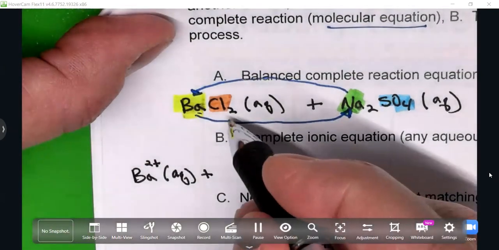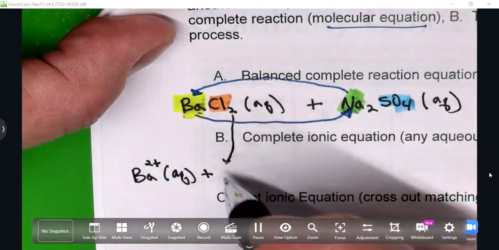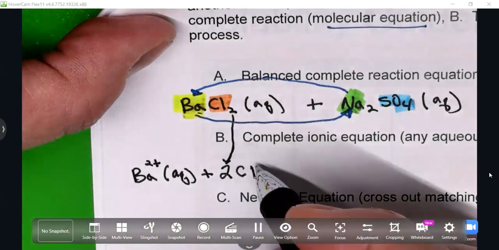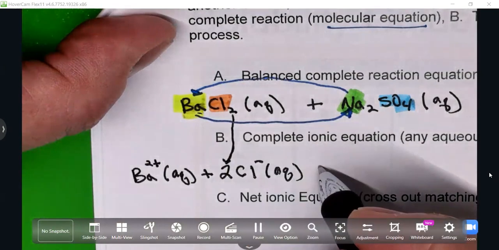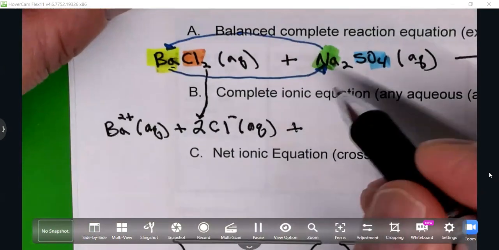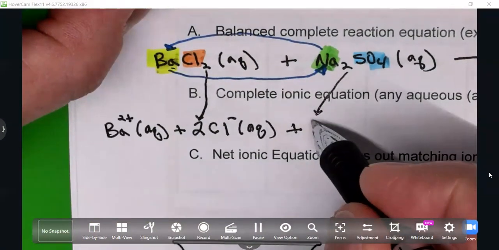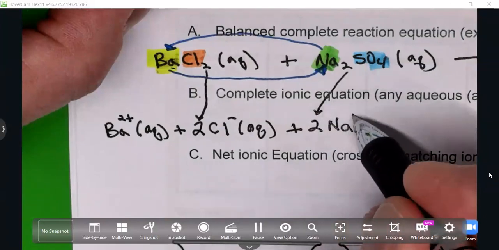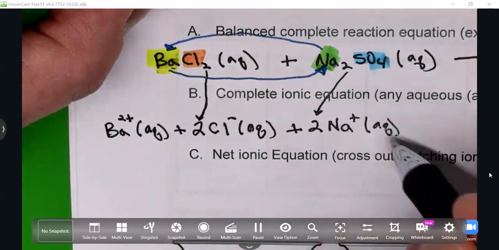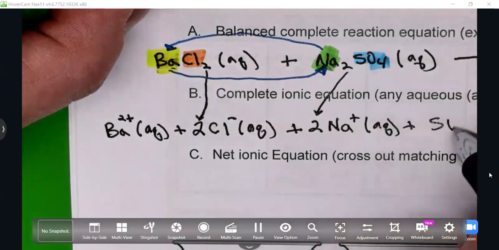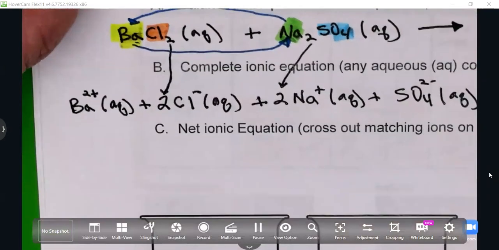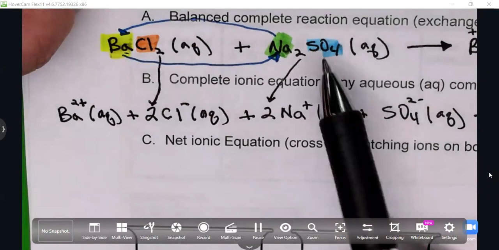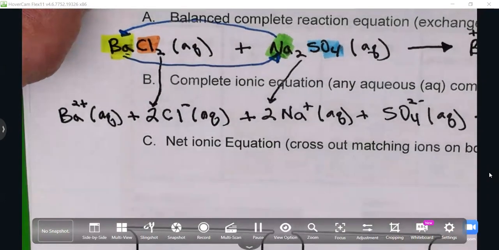It is going to be 2 chlorides, plus 2 sodiums, plus sulfate. All I've done is split up anything that's aqueous into the individual ions.